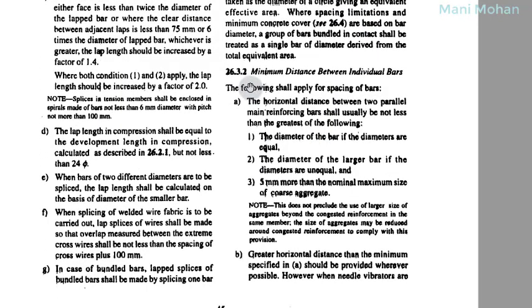So here you see in clause number 26.3.2, minimum distance between individual bars. So you can read this clause. The important thing which I will consider in the design of beam problem is to make sure the spacing between the longitudinal bar is having value more than 5 mm plus nominal maximum size of coarse aggregate.